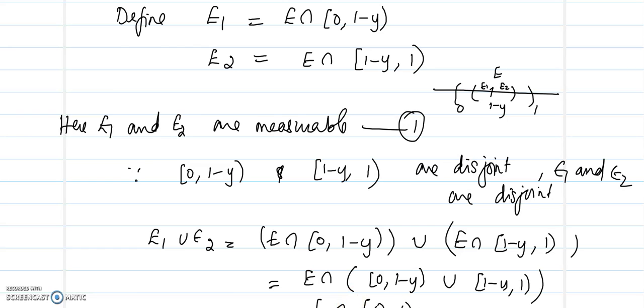Now E intersection [0,1) will be equal to E. So E can be written as the union of two disjoint sets E1 and E2.